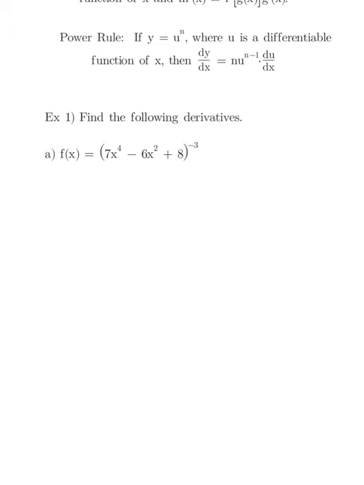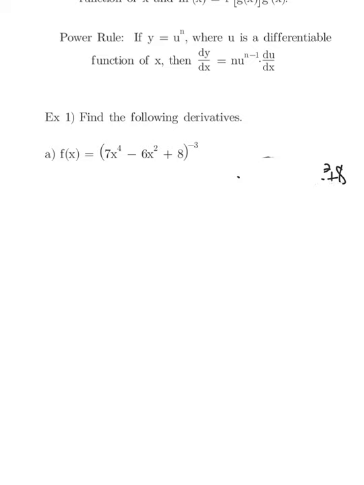If we had u to the negative 3 and then had v equals the 7x to the fourth minus 6x squared plus 8. We put this v into that function where the u is. When you have a function inside a function, that's when you are using the chain rule.